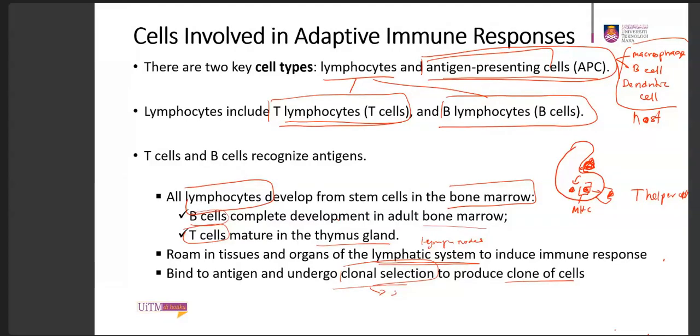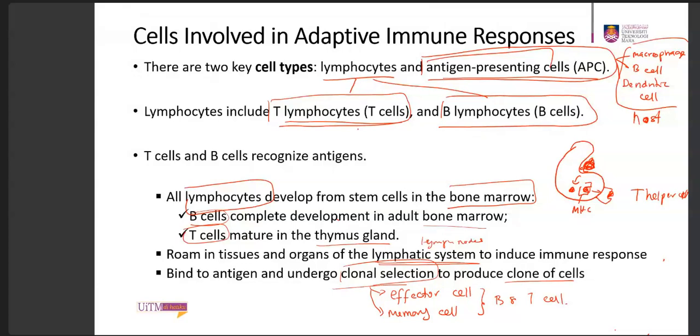We call it as effector cell, okay, effector, or the activated cell that will act during the time of infection, and the other one is the memory cell. Okay, so this applies for both B and T cell.